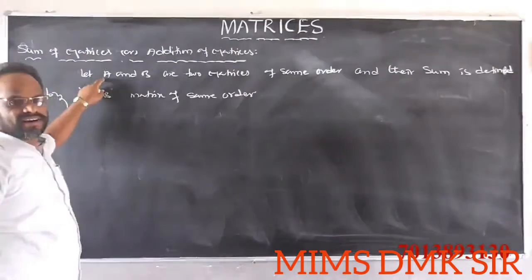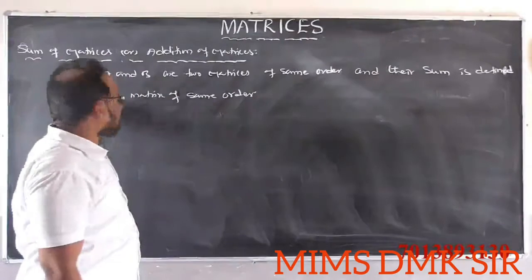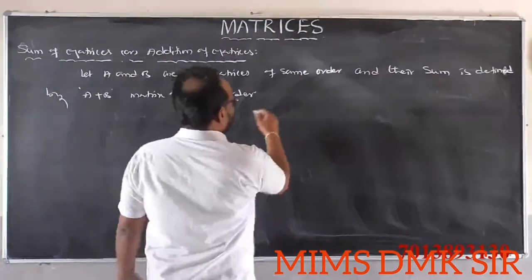That means if matrix A's order is M by N, and matrix B's order is M by N, then A plus B is also M by N, of the same order.